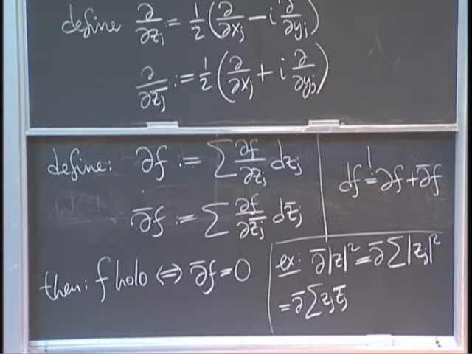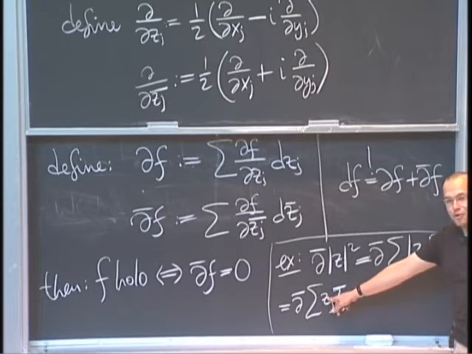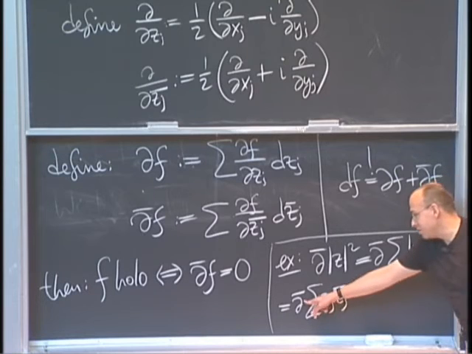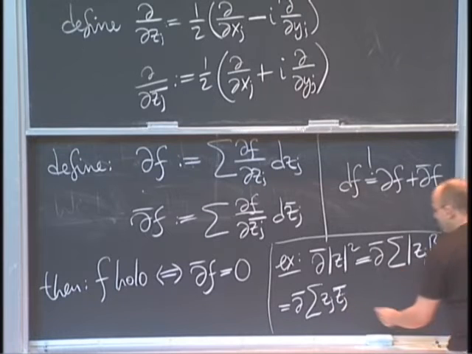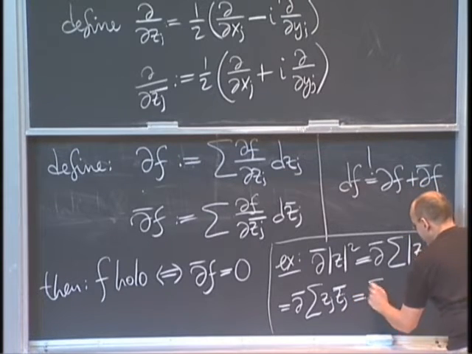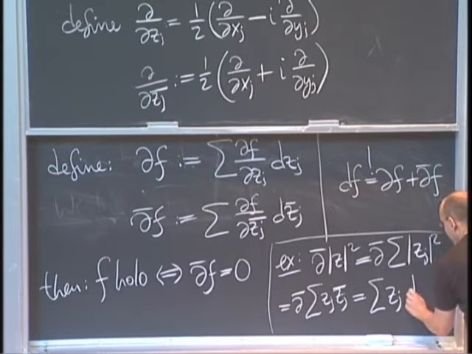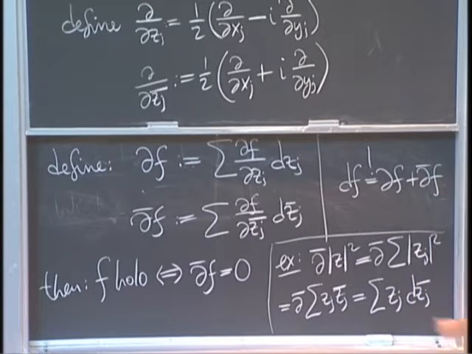Express any function that I care about as a combination of z's and z bars. And then the coordinate functions z are holomorphic, so the del bar just pulls right through and only hits the anti-holomorphic guys. And then it's just equal to the ordinary differential of these guys. So this is actually just equal to the sum of zj dzj bar, right?